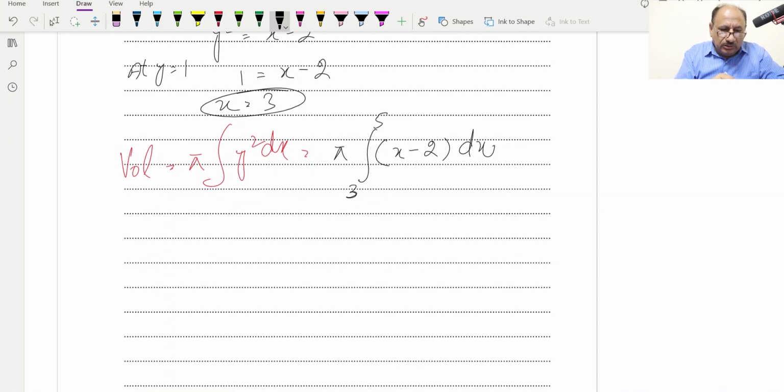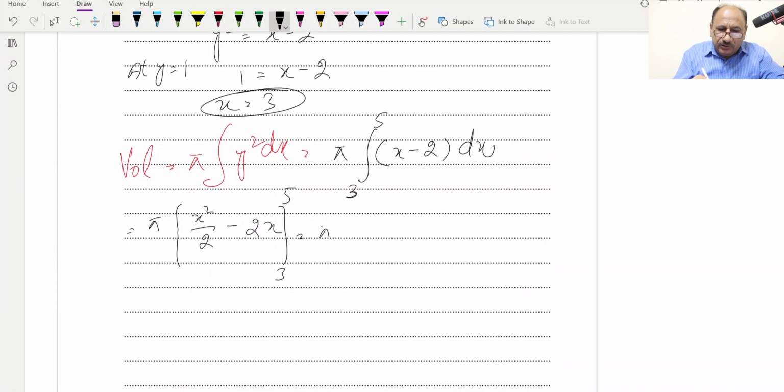Now we can integrate this. The integral will be pi, and the integral of x will be x squared over 2, minus the integral of 2 will be 2x, and the limit will be 3 to 5.